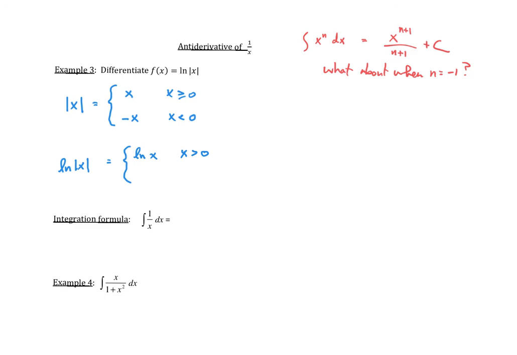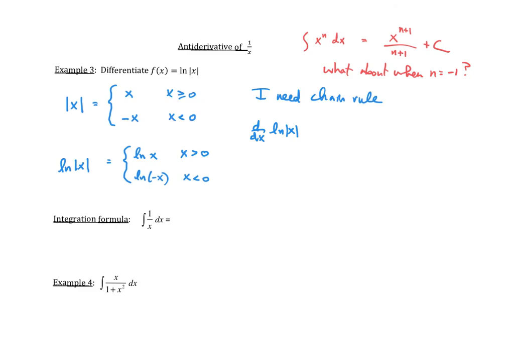And I'm going to have natural log of -x when x is less than 0. Now, in order to differentiate this, I need to use the chain rule, right? The outside function is going to be natural log, and the inside function is going to be the absolute value of x, which changes depending on if x is positive or if x is negative.